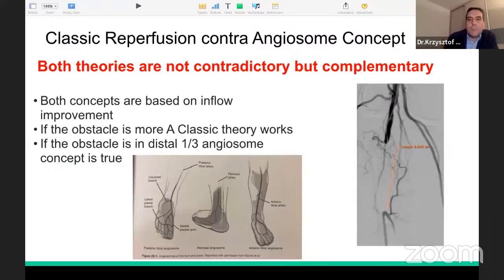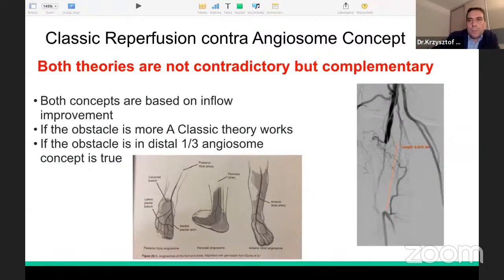In my opinion, if the obstacle is more proximal, the classic theory works. For example, if we have a femoral problem and we improve the flow, sometimes we don't have to treat below the knee. We don't need to make a below the knee intervention.